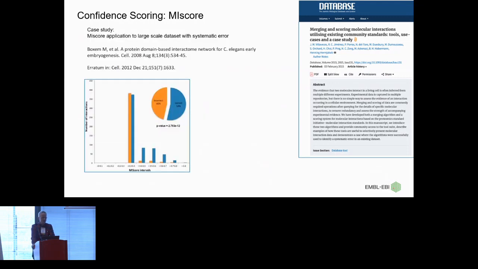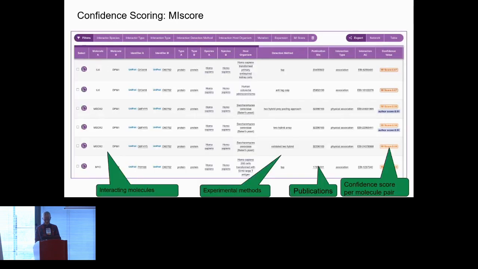It has shown usefulness, for example, in analyzing a large-scale experiment where the last third of the data essentially was randomized due to a mistake in the submission, and these randomized interactions got a much lower MI score than the proper ones which were in the first part of the publication.